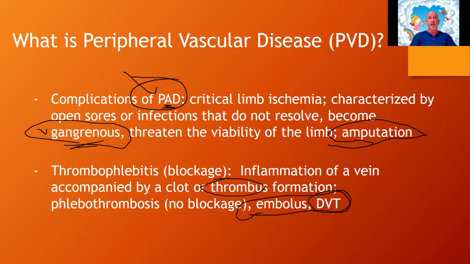It could go to the brain and cause a stroke. It can go to the lungs and cause a pulmonary embolism. That's where the real danger with DVTs is, that you've got a blood clot down there that can throw another clot and cause further problems in the body. And so that's what we're really afraid of when it comes to deep vein thrombosis or DVTs.